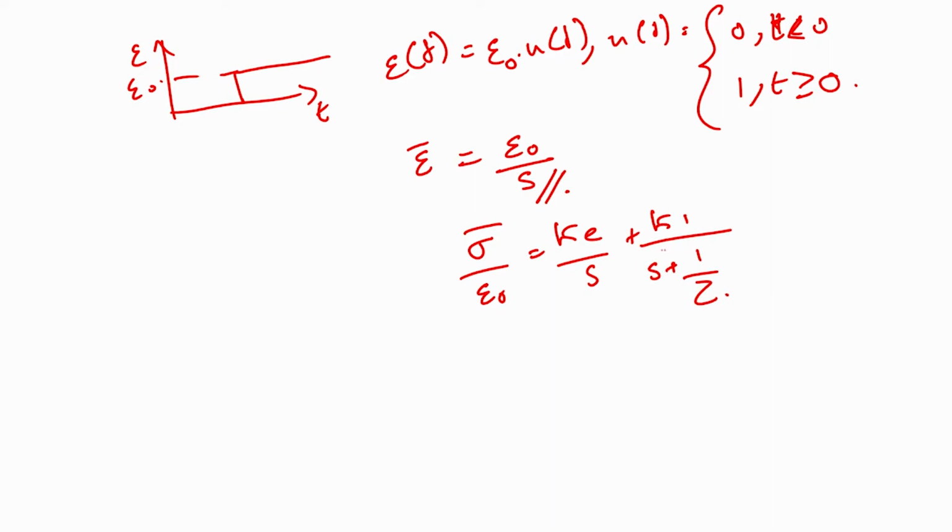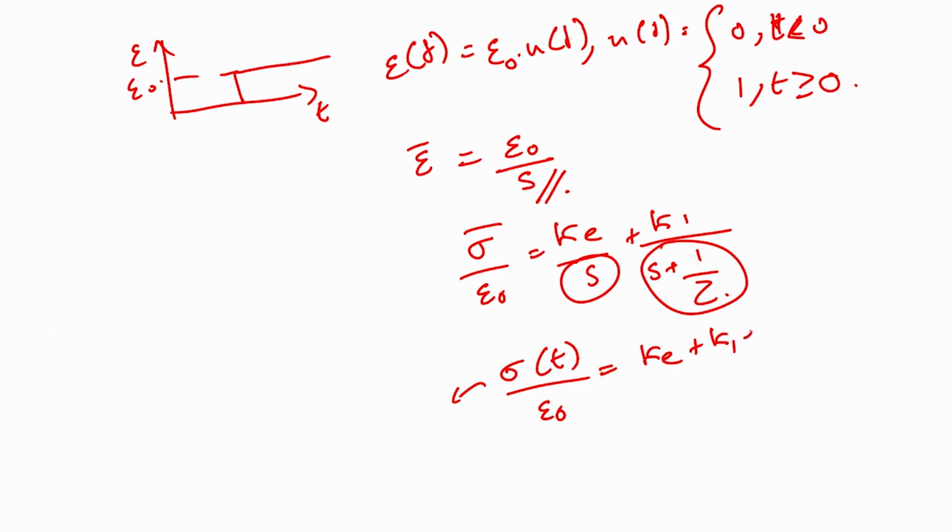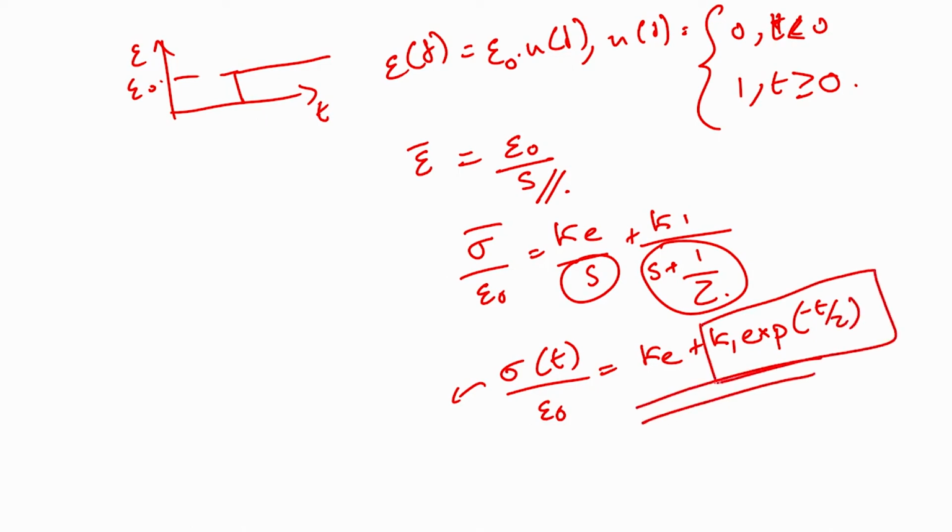Now we can take the inverse Laplace of these terms to get sigma(t), the stress back as a function of time, by epsilon 0 is equal to Ke plus K1 times the exponential. This expression is very similar to the expression for stress that you got for the Maxwell model.